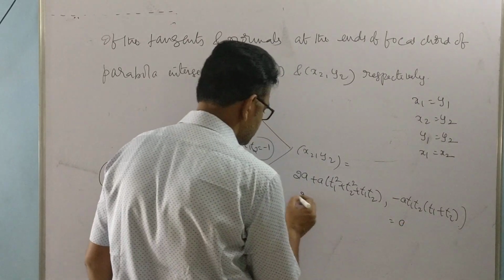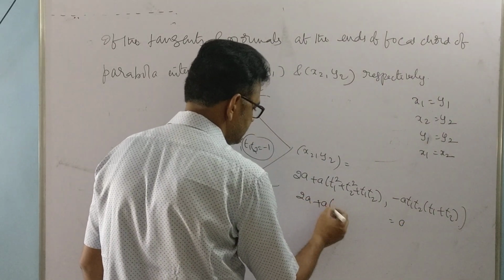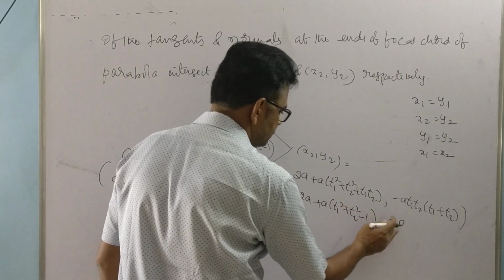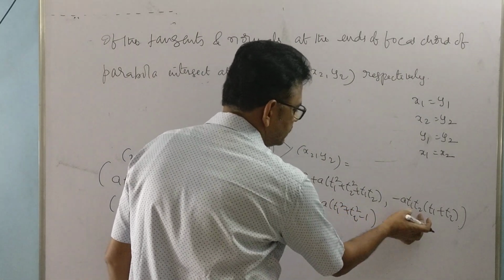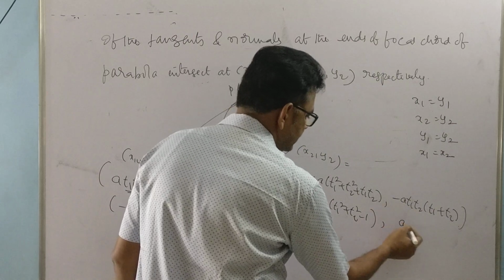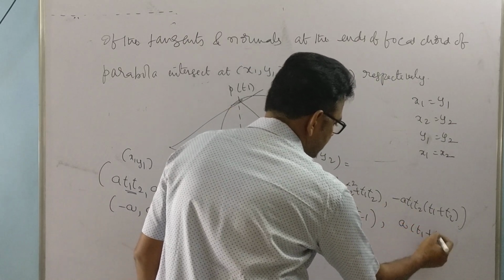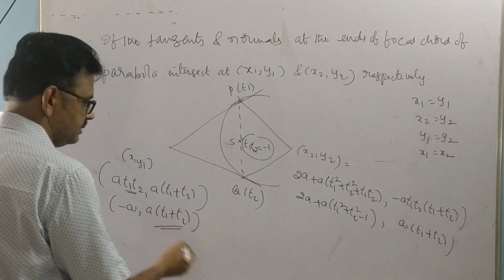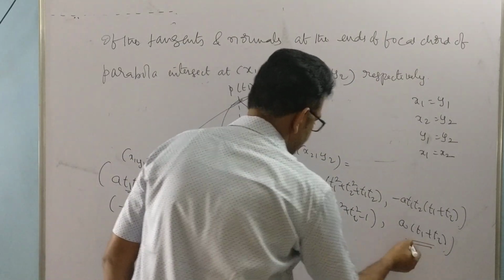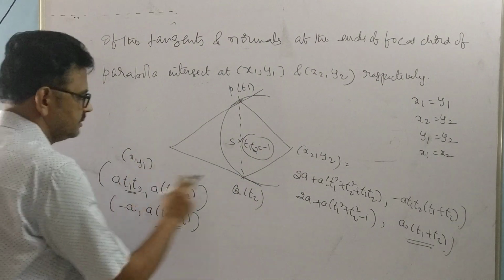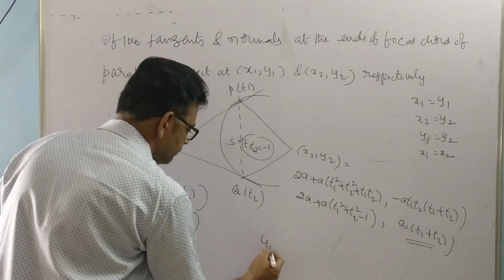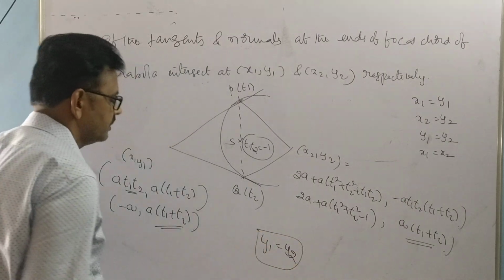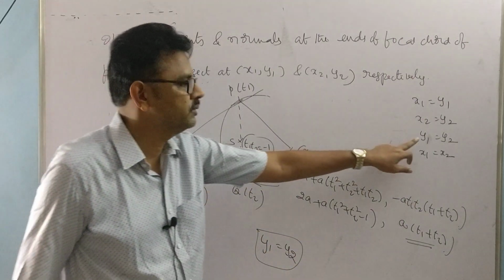So this is 2A plus A into T1 square plus T2 square minus 1, comma, since T1 T2 is minus 1, this is A into T1 plus T2. So here this is y1, this is y2. x1, y1, x2, y2 implies y1 is equal to y2.